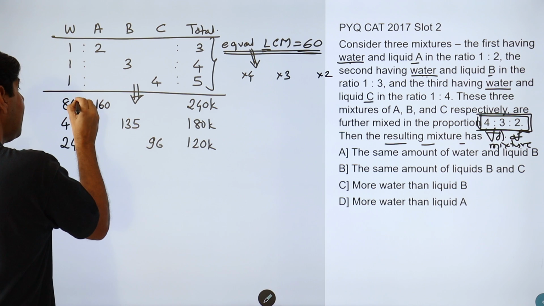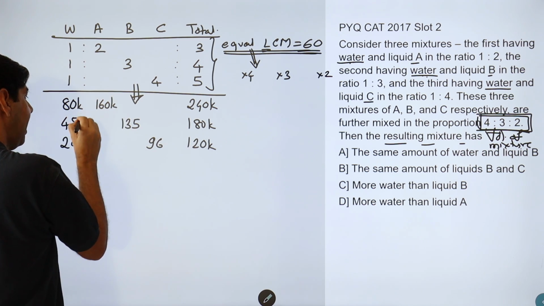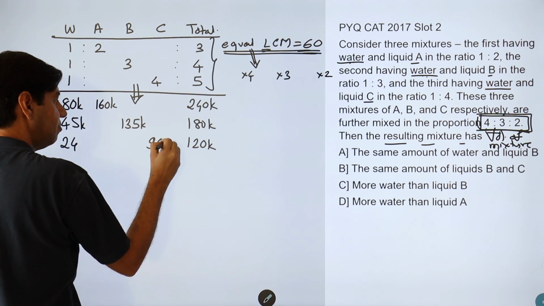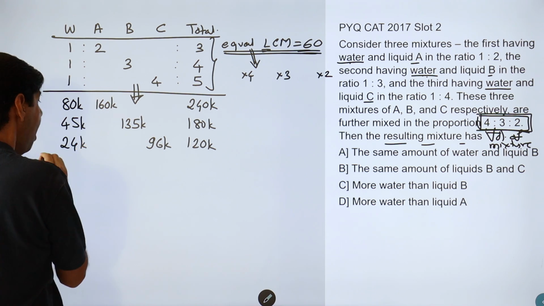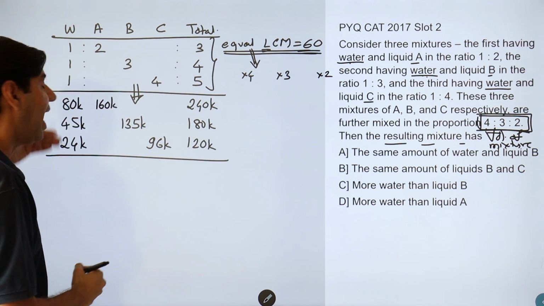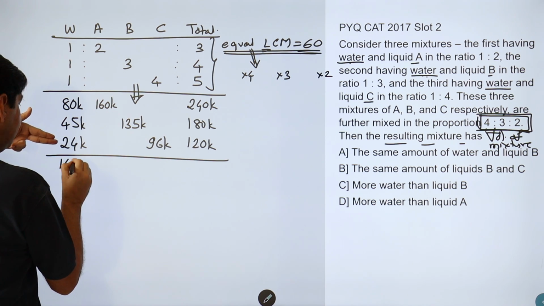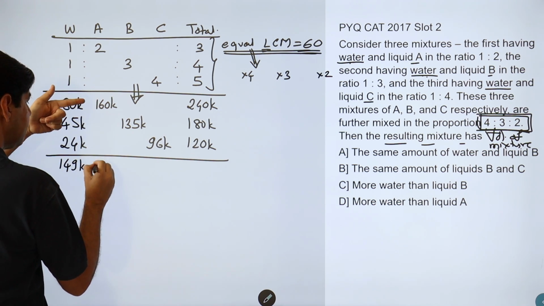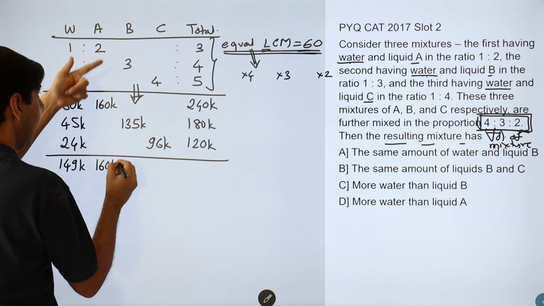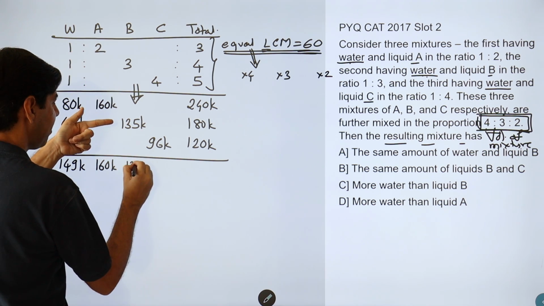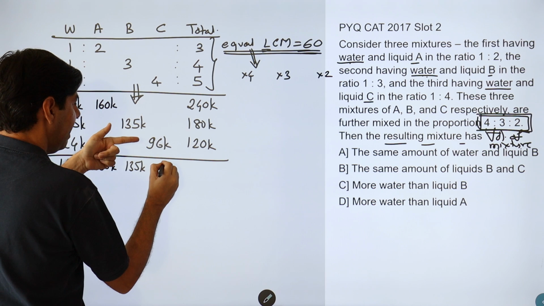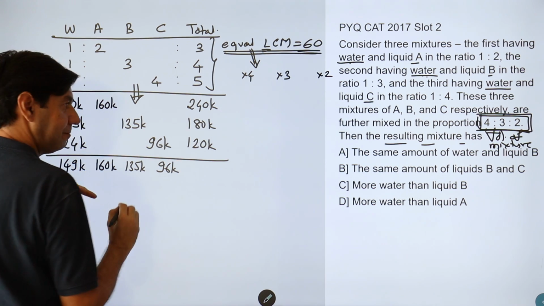So, and if those are k, these all are in terms of k, and I don't need to write this, I'm just doing it to explain it to you. And when I mix them up, I just add them up. So this is 120, 149k is water, 160k is your A, 135k is your B, and 96k is your C.